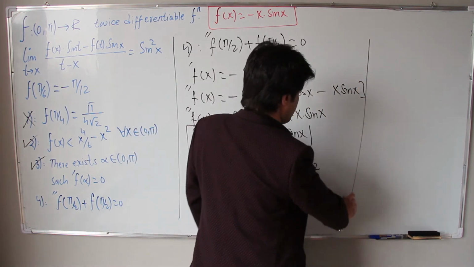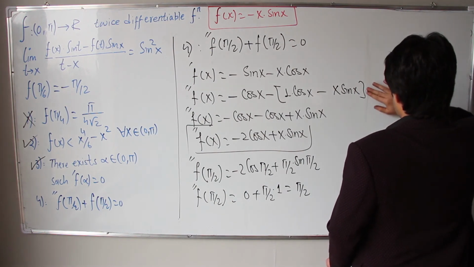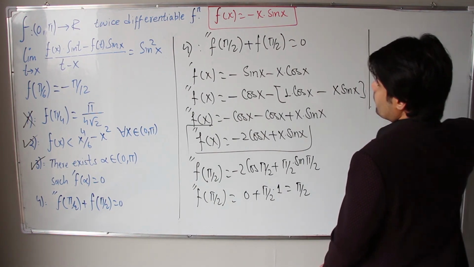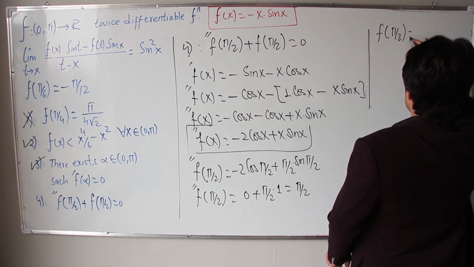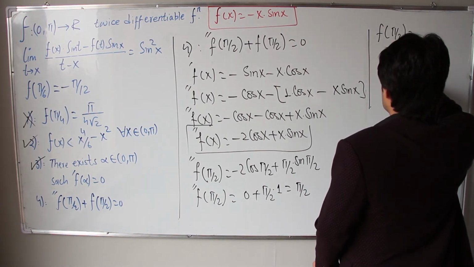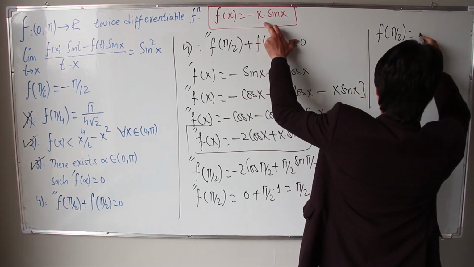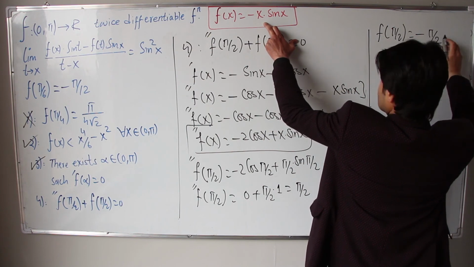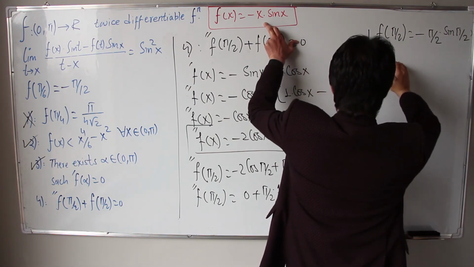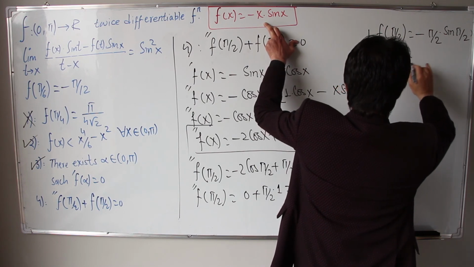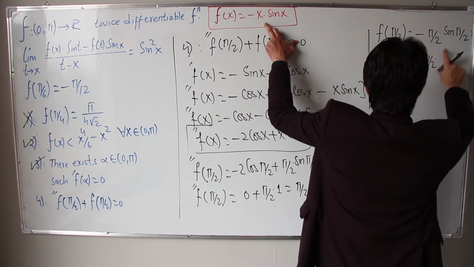Second, we will find this one, f of pi divided by 2. We have to put this pi divided by 2 in the function f of x, minus x times sine x. It is f of pi divided by 2 equal to minus pi divided by 2 times sine pi divided by 2, and sine pi divided by 2 is 1.